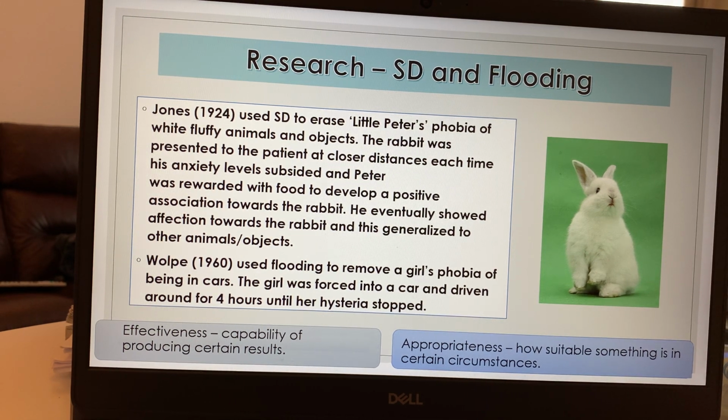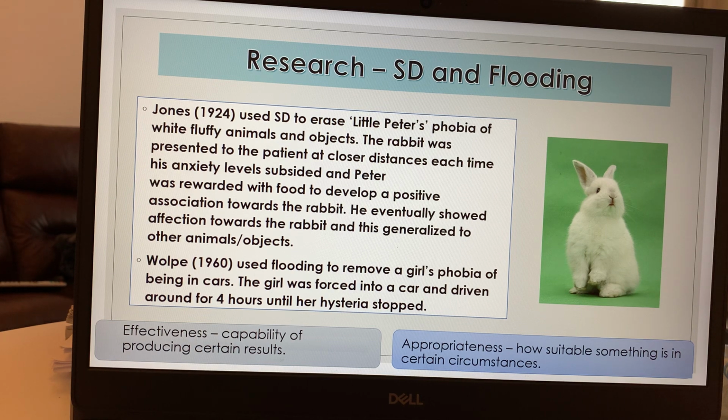So we've got a little bit of positive research for systematic desensitization. It's effective, it's producing good results. I'd argue it's appropriate because you're not really putting them to the max of the extremes. You're rewarding positive behaviour. It is quite mechanistic, but I think it's okay.